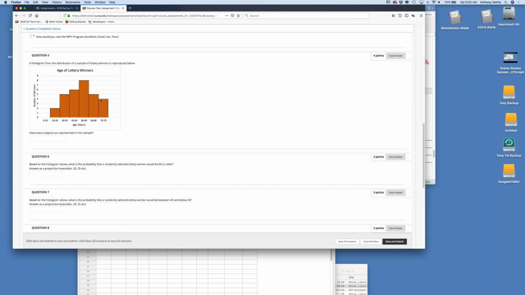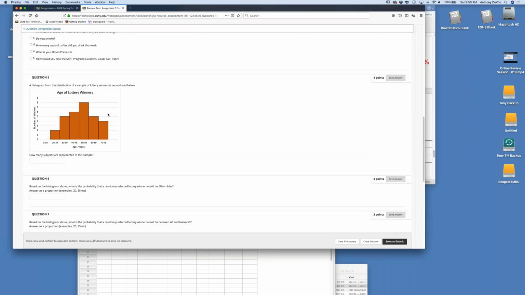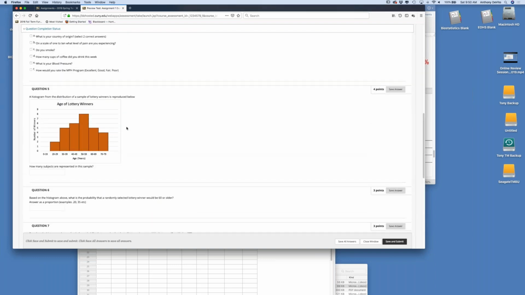You can expect to see something like a description of a histogram where you're asked to make various calculations. The key here is recognizing that the y-axis is the frequency, or the number of people that fall into the category described on the x-axis. So how many people are age 20 to 29 among this sample of lottery winners?